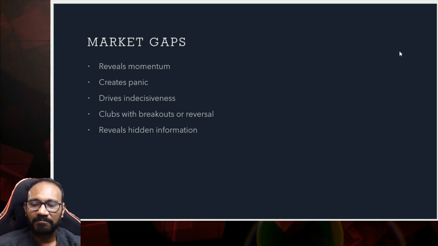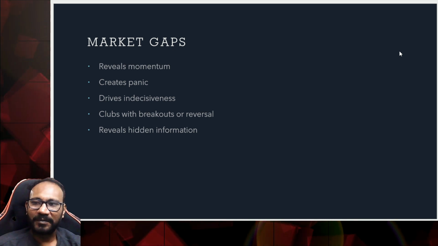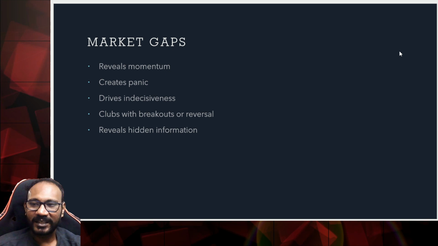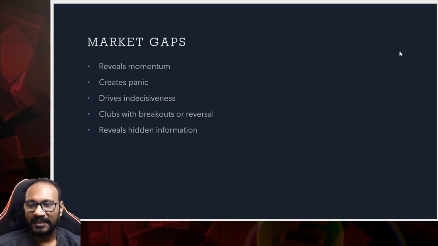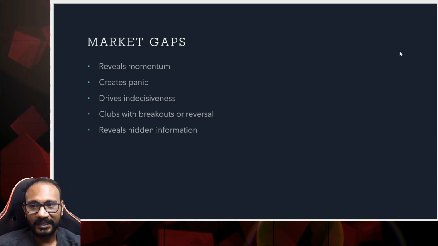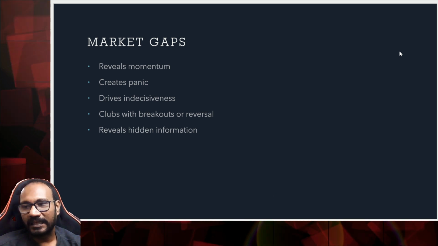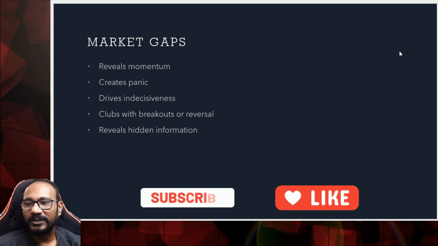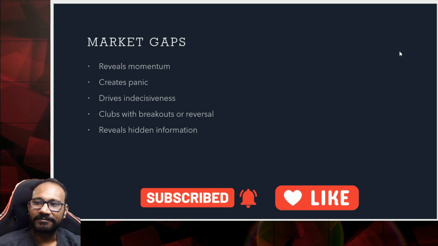So you will be indecisive. At the same time, people will be hesitant to take a put position also, because the market has already given a 200 points gap up. What if the trend continues, and you will be losing even more money? So people will be in a state of panic and wouldn't be reacting so quickly on things. They will be indecisive, right?